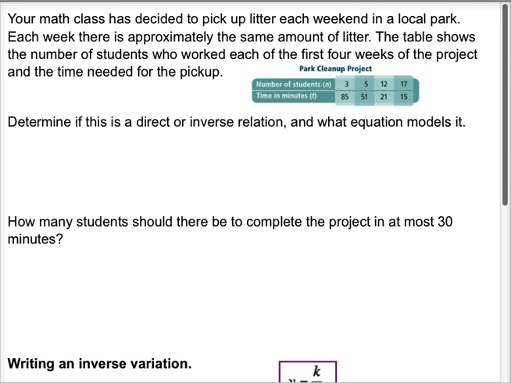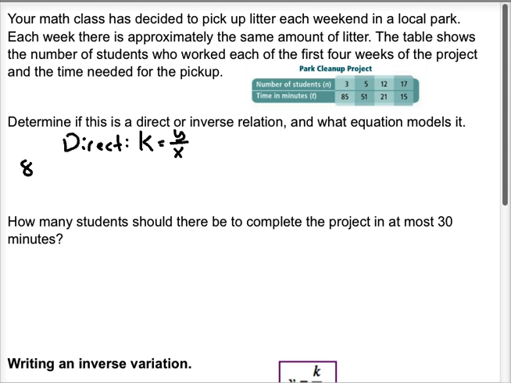When you don't know, you just have to try and then see. So I'm going to check to see if it's direct first. Remember, if it is direct, I should be able to take every y, divide it by x, and they should all be the same thing. So let's try this out.